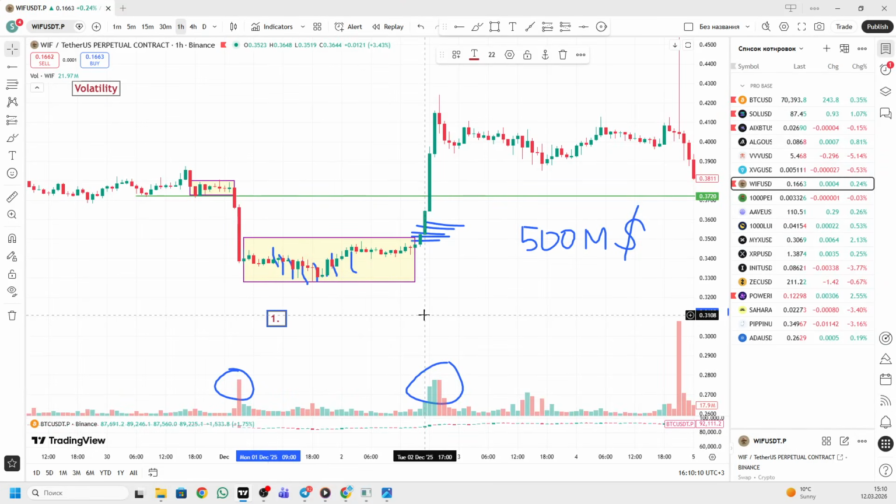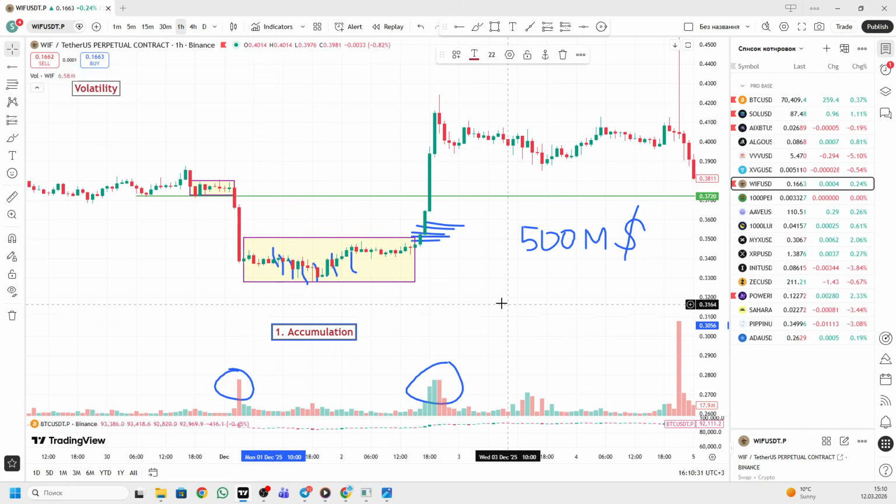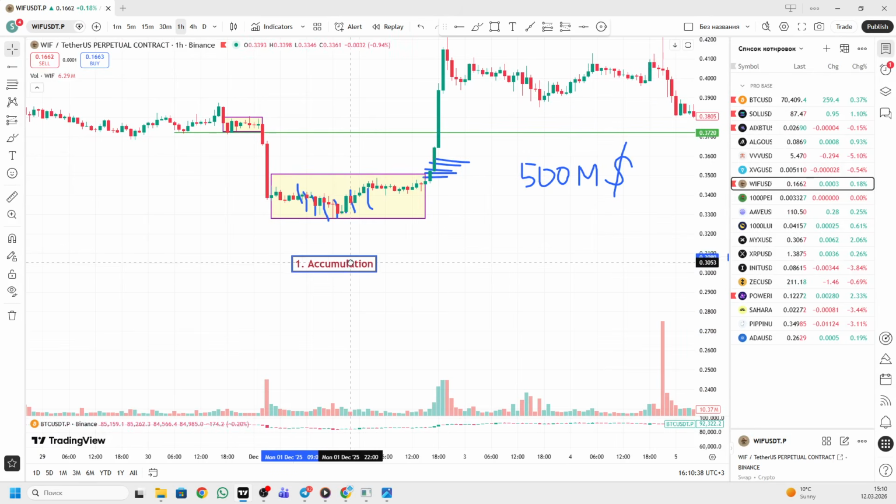Let's call it consolidation. No, let's write it like this: accumulation. Accumulation. This is phase number 1.